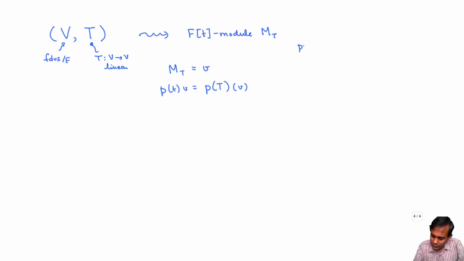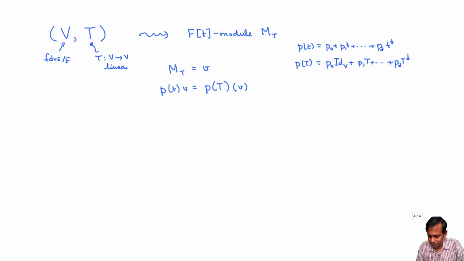So if P(t) is the polynomial p0 plus p1 t plus dot dot dot plus pd t to the d, then P of capital T is the operator p0 times the identity of V plus p1 T plus dot dot dot plus pd T to the d. This is again a linear operator and you can apply it to the vector v.